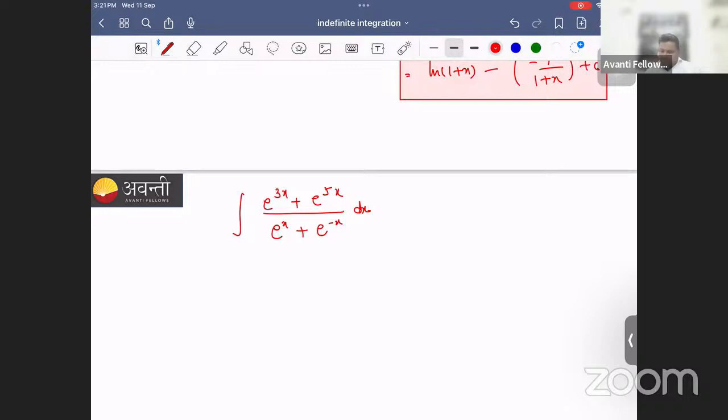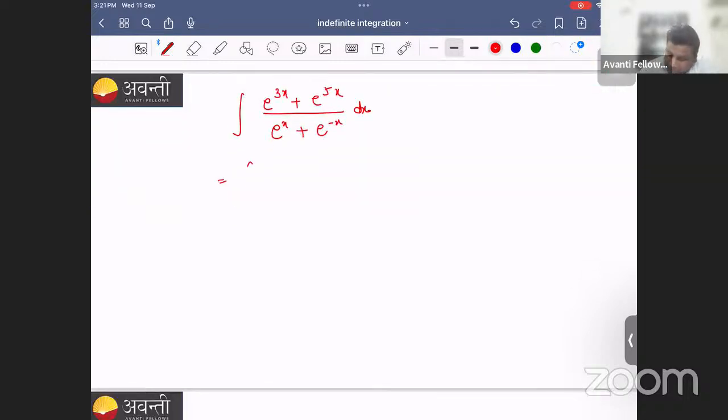See, from the numerator, it can be written as e to the power 4x into e to the power minus x, yes or no? Plus, this e to the power 5x can be written as e to the power 4x into e to the power x upon e to the power x plus e to the power minus x dx.